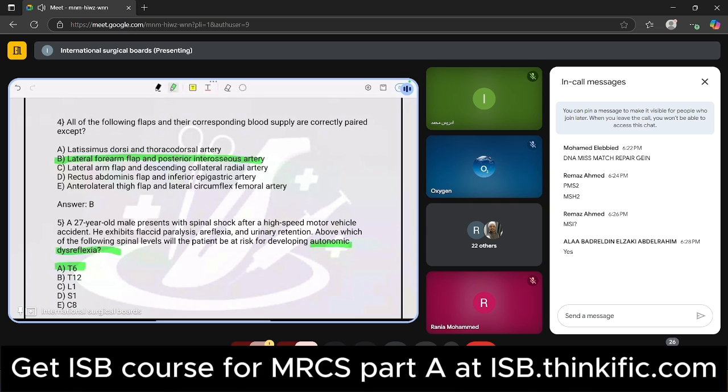So the patient will usually present with what? In autonomic dysreflexia, they may present with tachycardia and hypertension, with flushing above the level of the injury, right? Which can be very dangerous. This patient can develop dangerous cardiac arrhythmia, they can develop stroke, multiple complications.